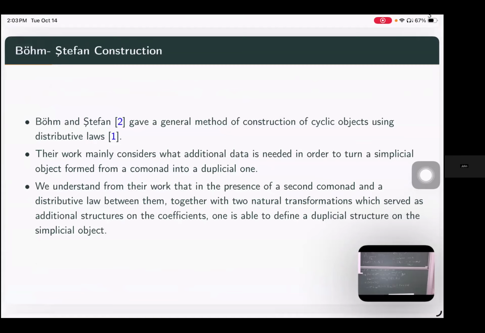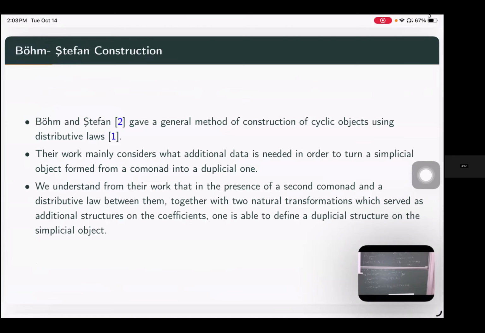Now, Böhm and Ștefan gave a general construction method of cyclic objects using distributive laws, and what they actually do is that they more or less consider the extra data that one needs to turn a simplicial object formed from a comonad into a differential one.